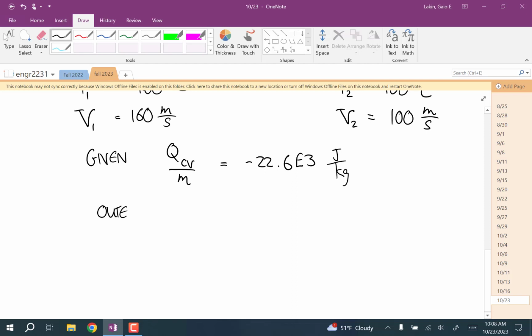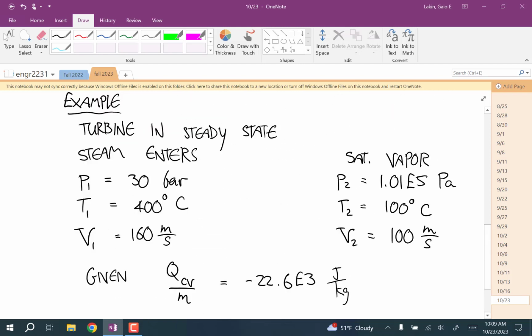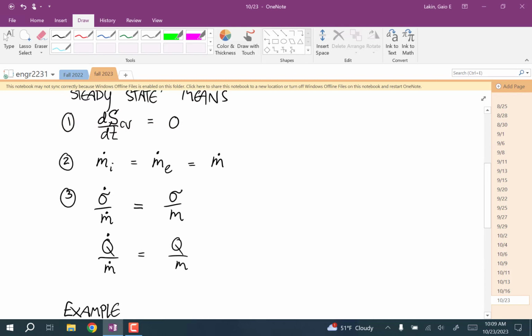The outer surface temperature of the device is 350 Kelvin. And we want to calculate the rate of entropy production over the mass flow rate. Okay, well, this is steady state, so we can use all of these facts.